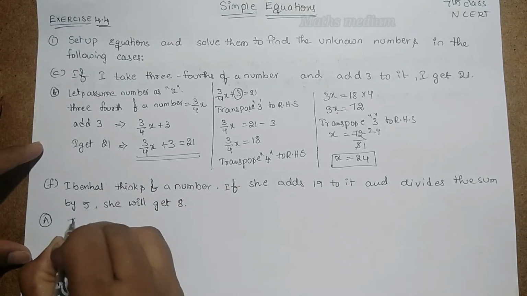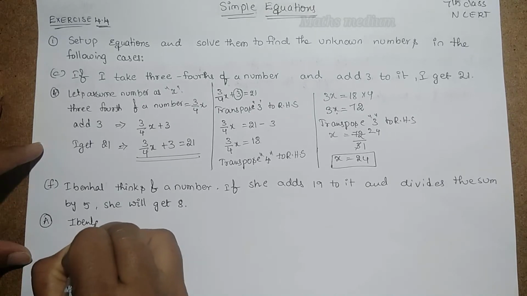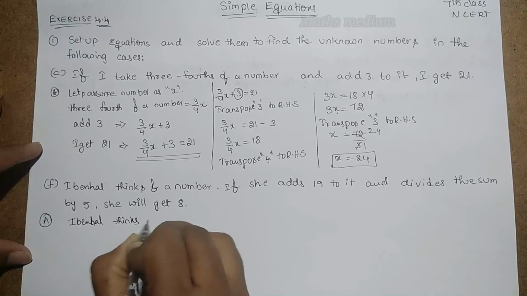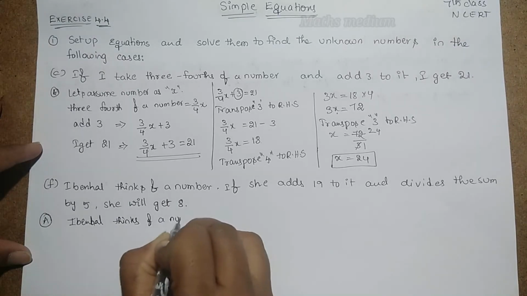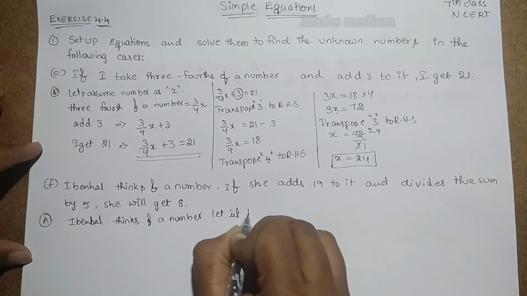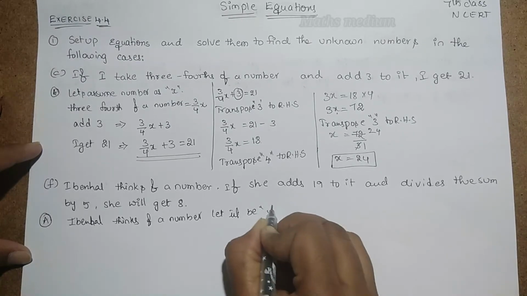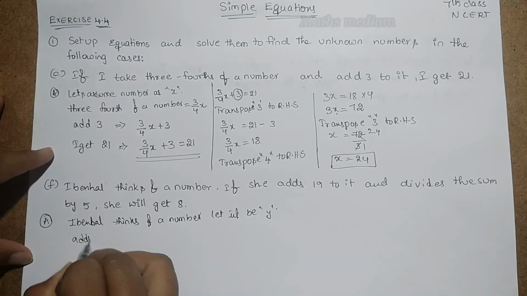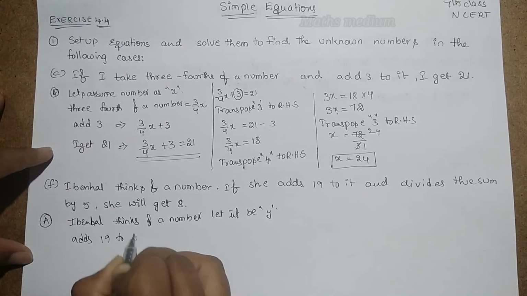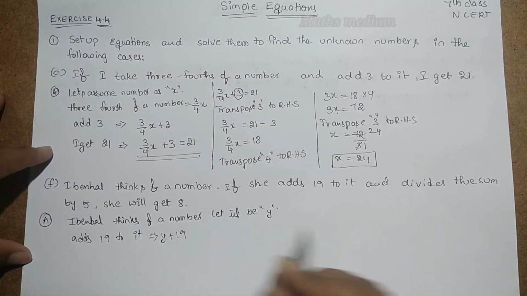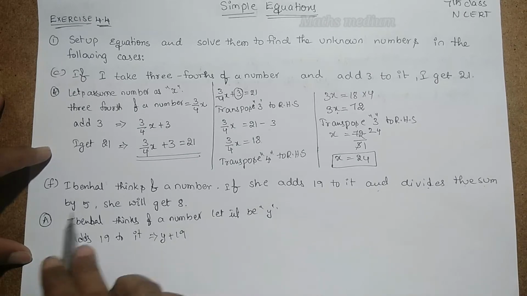Let the number be y. She adds 19 to it, so it gets y plus 19, and divides the sum by 5.